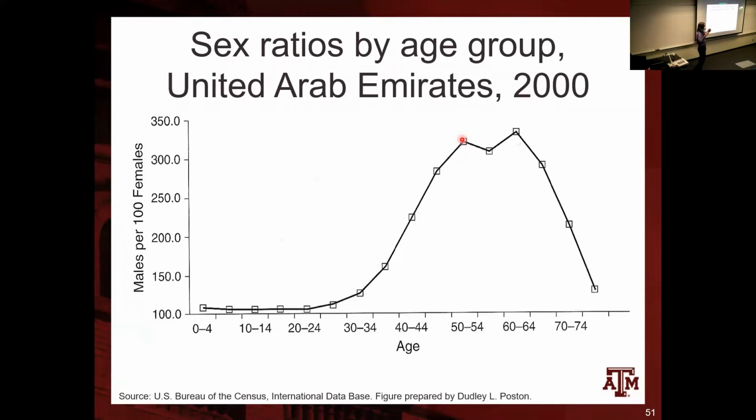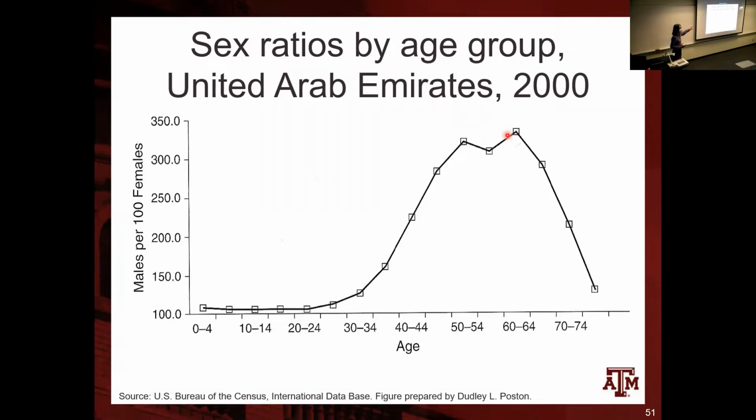A lot of these immigrants tend to be men, and that increase is really related to labor ages. Exactly when these people are working, the sex ratio increases a lot. Afterwards, as they retire, they might go back to their home countries, so the sex ratio declines in older ages. So each country has a different dynamic.